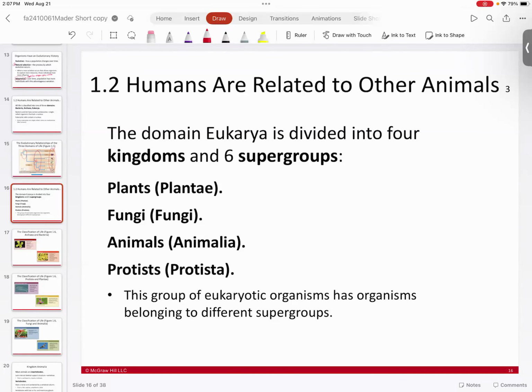But that's the thing. Just because Bono and Robin Williams look similar, it doesn't mean they're anything closely related. As a matter of fact, they're not. I mean, Bono is Irish and Robin Williams is not, right? They're completely different. So just because you look alike doesn't necessarily mean that you're related. It just means you look alike, right? So that's a caveat to the way we set these things up.